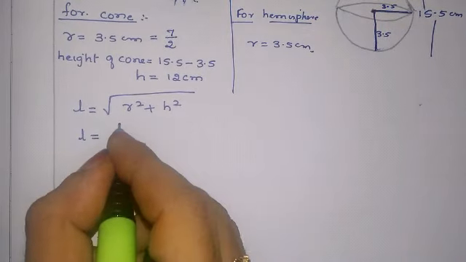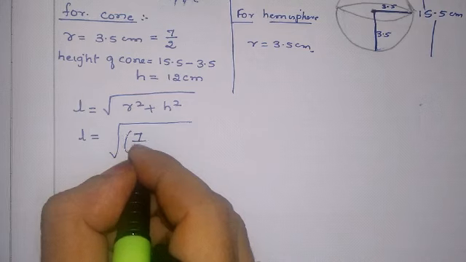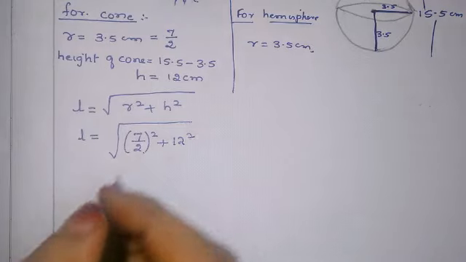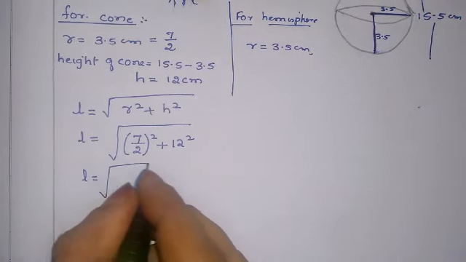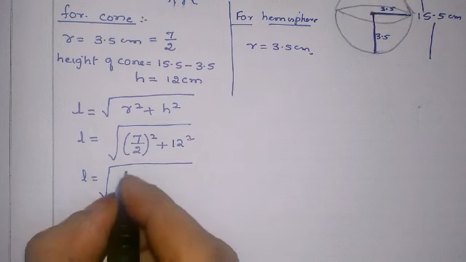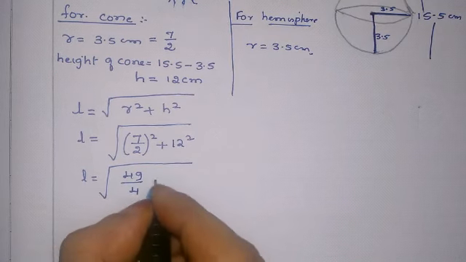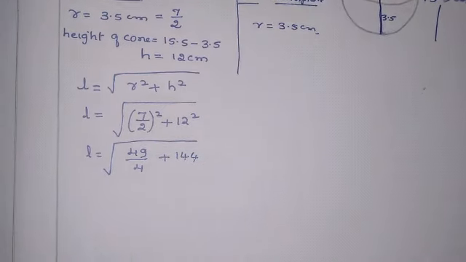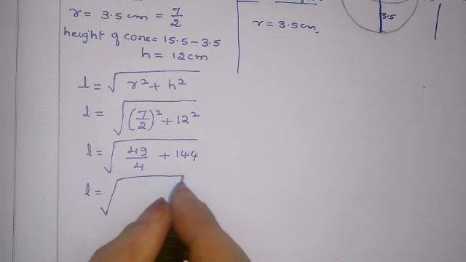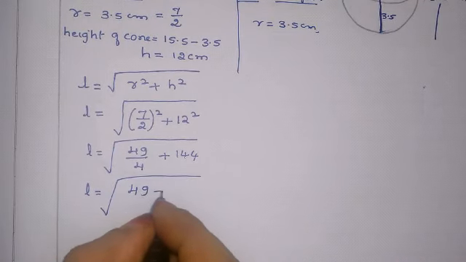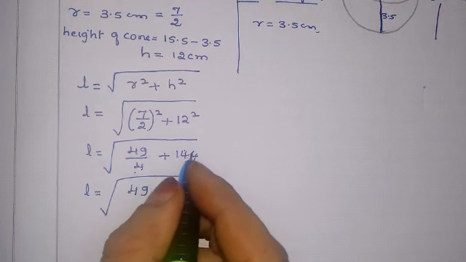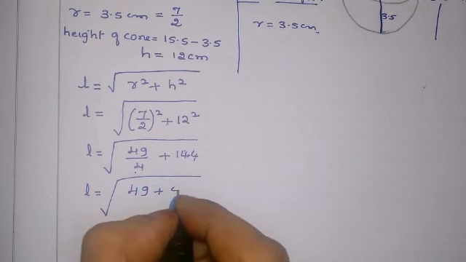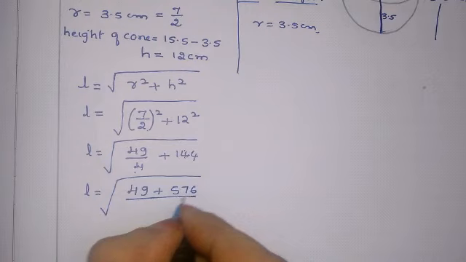So we'll write here r is 7/2 whole square plus h is 12 square. L is equal to root of 7 square is 49, 2 square is 4, plus 12 square is 144. Now L is equal to root of 49 as it is, and 144 into 4 we have to multiply. 144 into 4 is 576 upon 4.